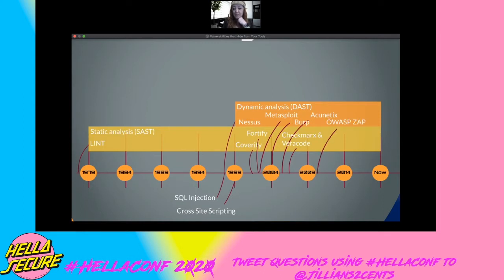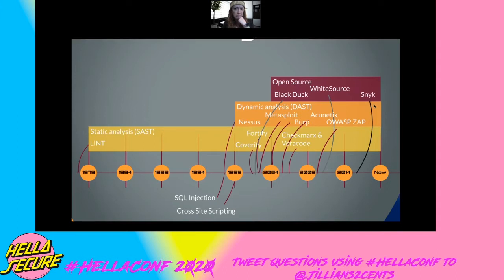Oh, and also worth mentioning is OWASP ZAP. That's my favorite free tool. And then we have open source analysis, or SCA, like Black Duck and WhiteSource, and Snyk, or Sneak. I think I've been saying it wrong all these years. I've heard it both ways.